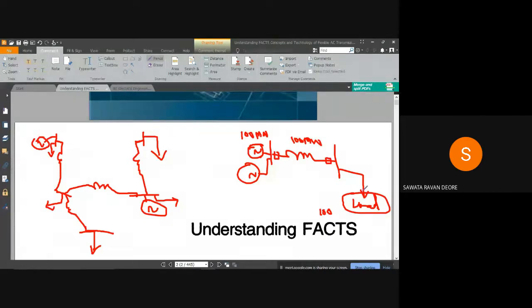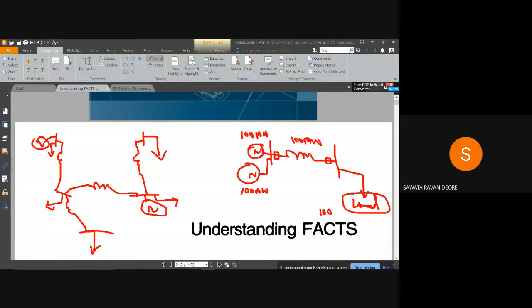But in order to ride through contingencies like generator outage, we should have a reserve capacity of 100 megawatt. We call it reserve capacity because there is no need of this normally, but under the contingency of generator outage, I need to maintain the continuity of supply. So we should have that much reserve capacity source.